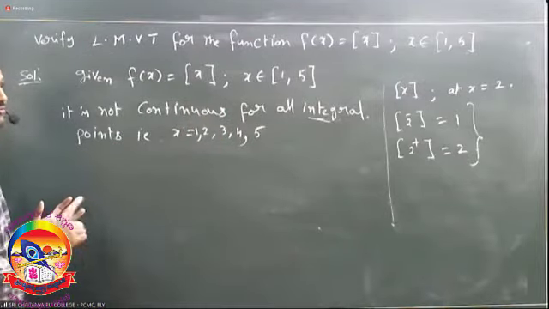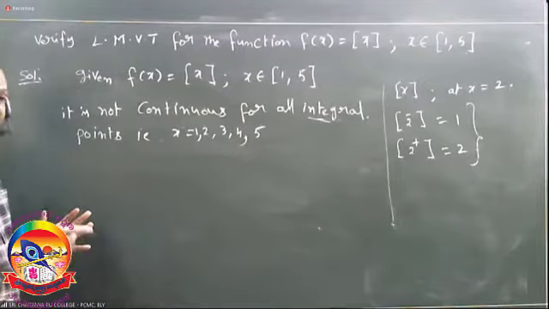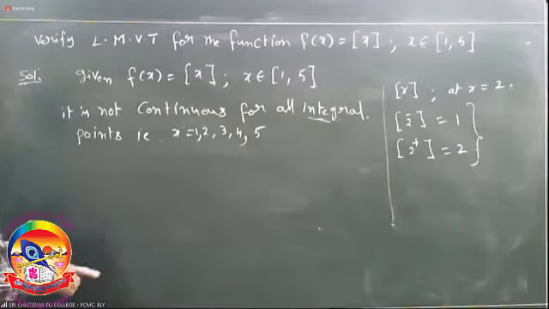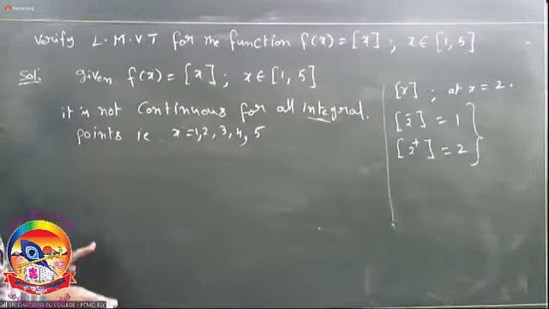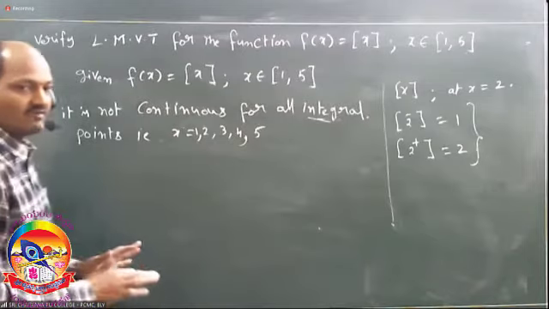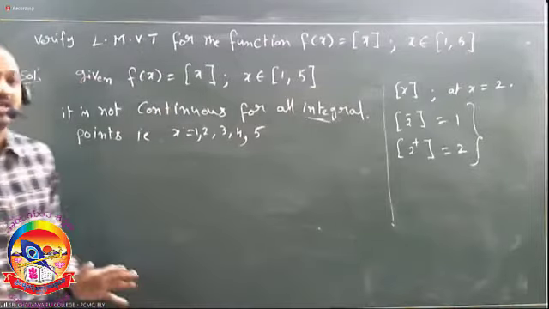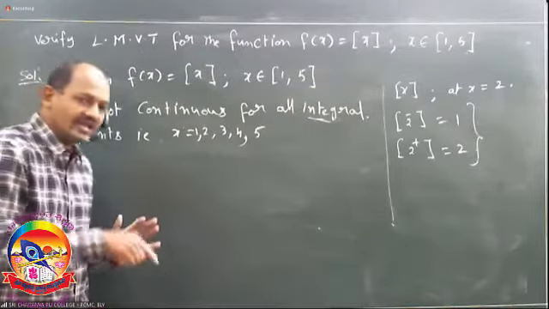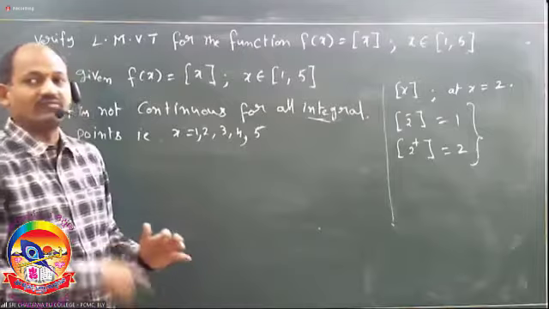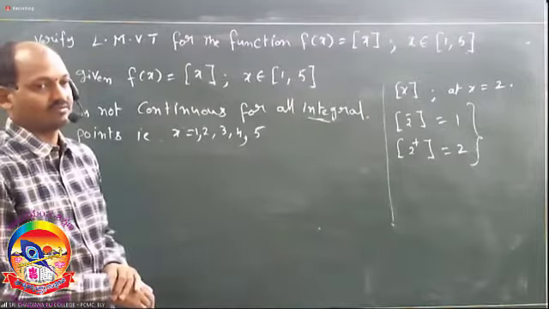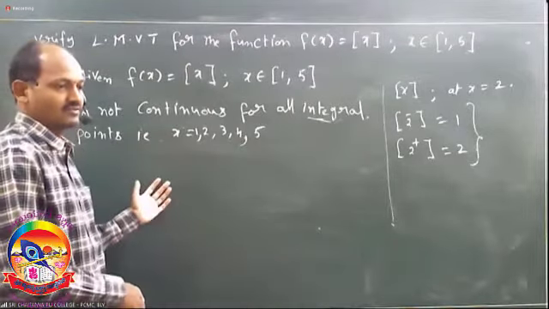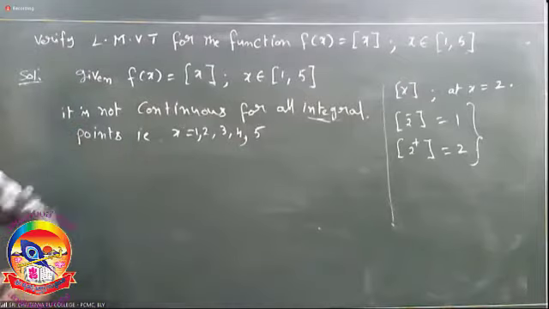No need to verify differentiability. Why? Because the first condition is not satisfied. So Lagrange's mean value theorem is not applicable for this function. If it is continuous, then go on to verify differentiability. Already it is not continuous, so no need to check the second condition.